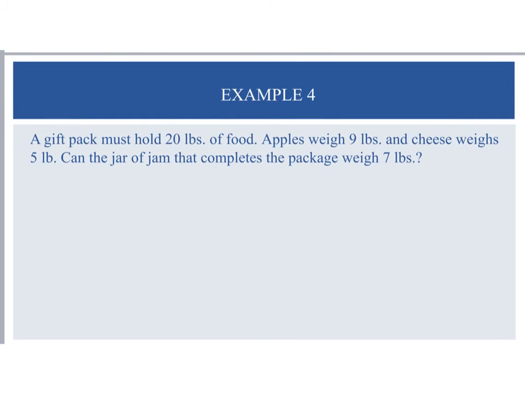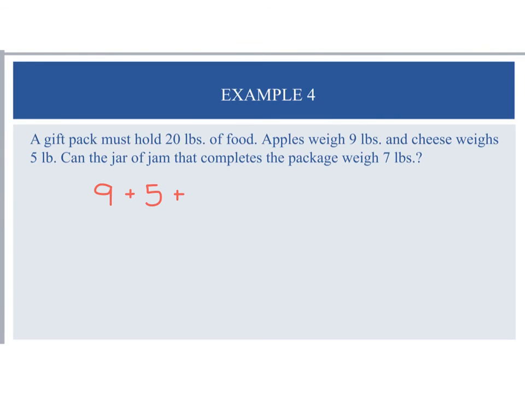And our final example for today says, a gift pack must hold 20 pounds of food. Apples weigh 9 pounds and cheese weighs 5 pounds. Can the jar of jam that completes the package weigh 7 pounds? So we have apples that weigh 9, cheese that weighs 5.